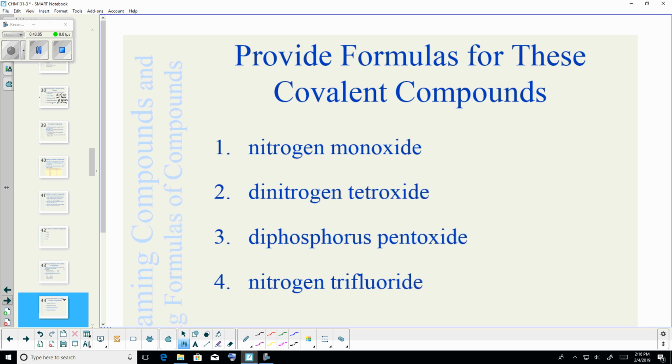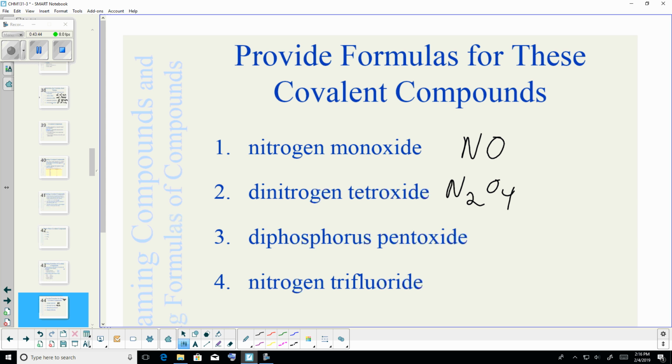So nitrogen monoxide, what's the formula? Dinitrogen tetroxide, N2O4.